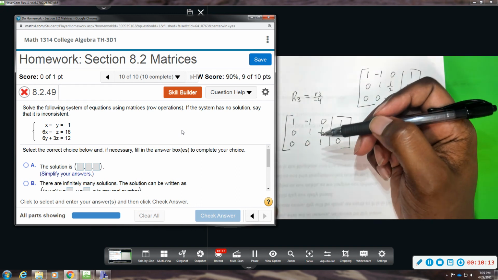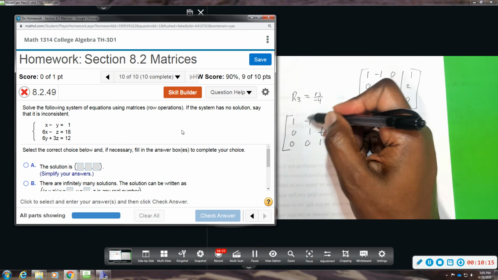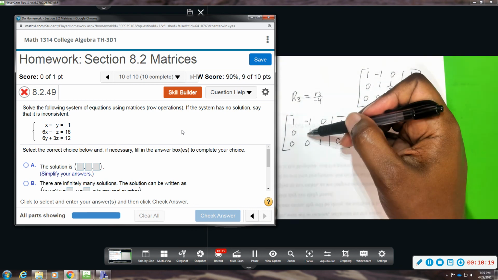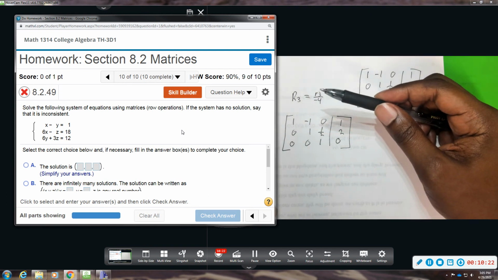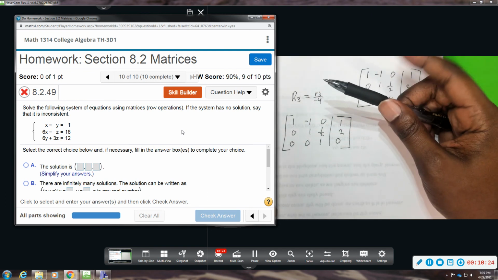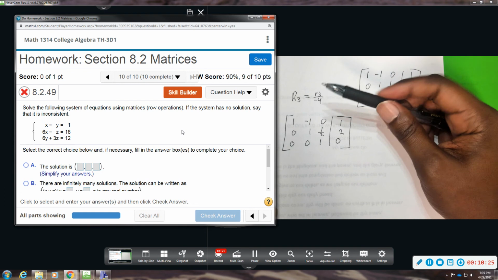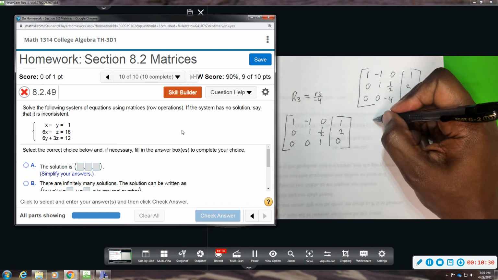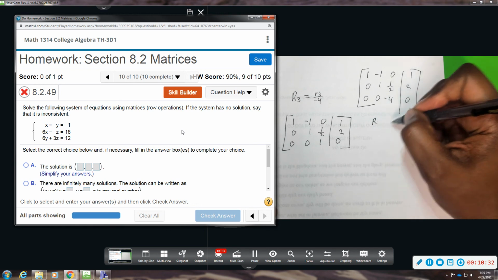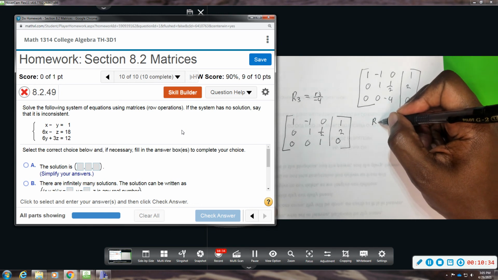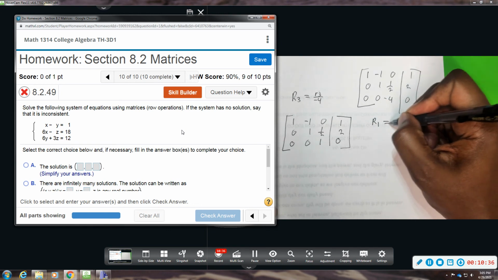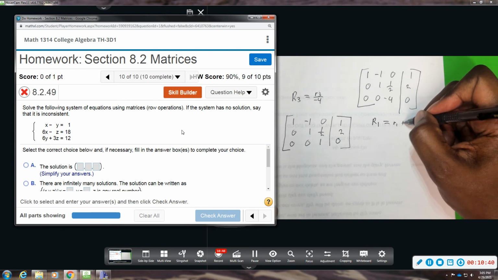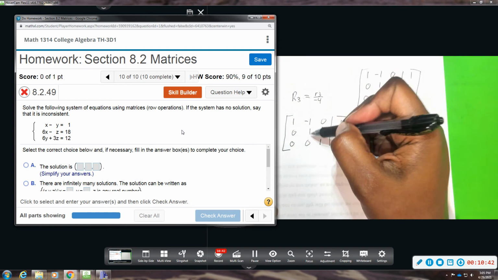So now I want to make this a 0, so I have 1 0 0 all the way across. In order to do that, I have to do multiple steps. I'm going to say row 1 is going to be equal to row 1 plus row 2, because they're already opposite signs.